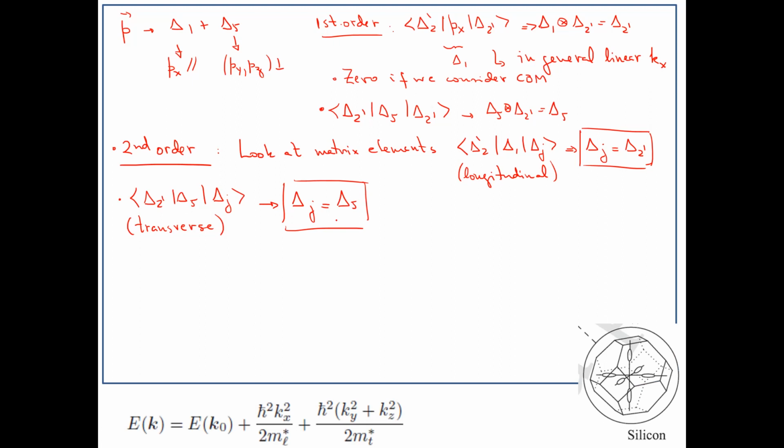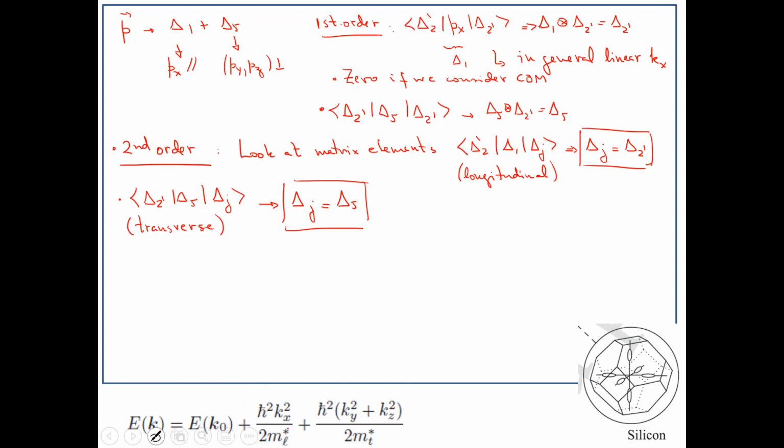So to make a long story short, this is how to write the dispersion near the conduction band minimum in silicon. And you see that it's an ellipsoidal shape.